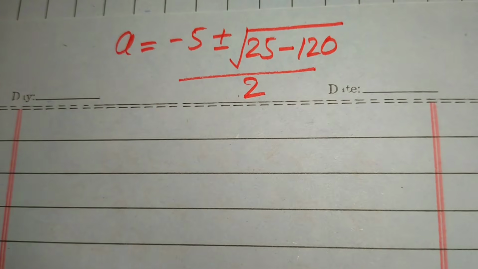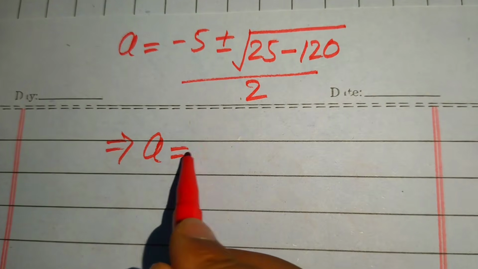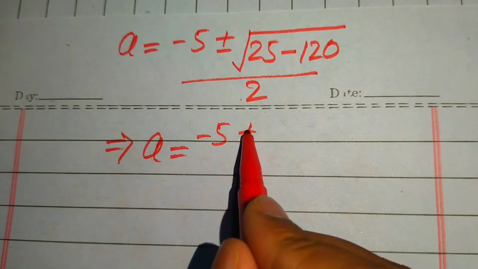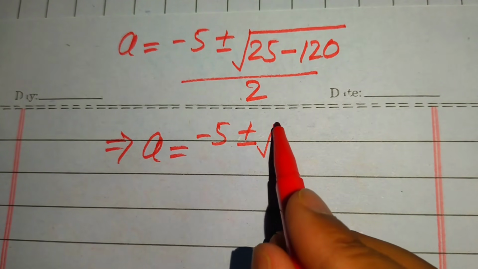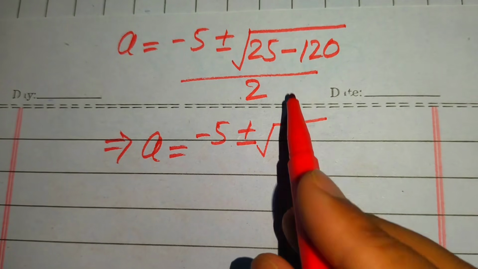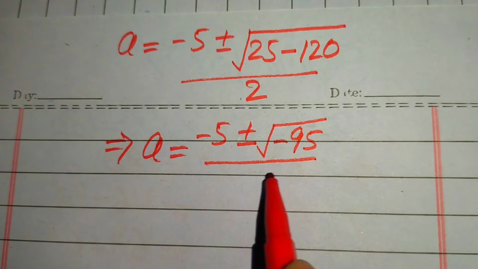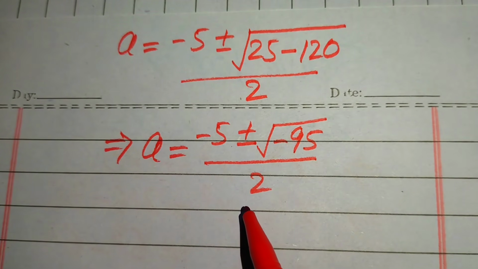So further we need more simplification, and now we focus inside the square root sign, and we have a is equal to minus 5 plus minus square root of 25 minus 120, this is equal to minus 95, and it is divided by 2.